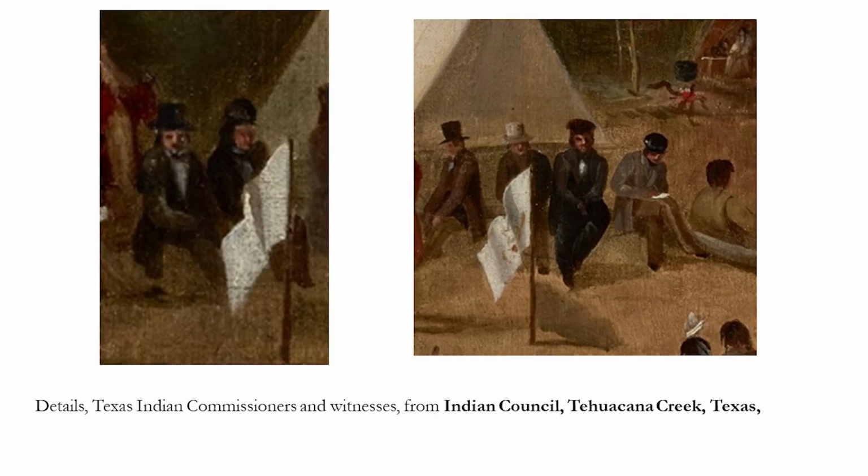The other Anglo people represented in the painting would have to be the representatives of the nation, the Republic of Texas. We find their names in historical documents. There were at least 3 commissioners and several witnesses, and probably other members of their parties who were at the Indian Council.